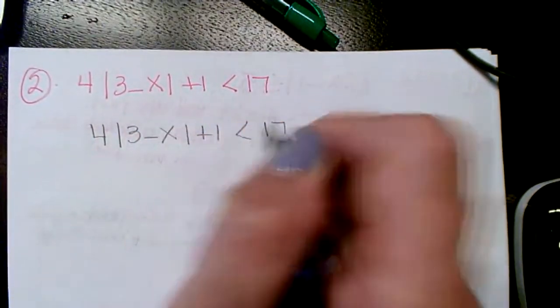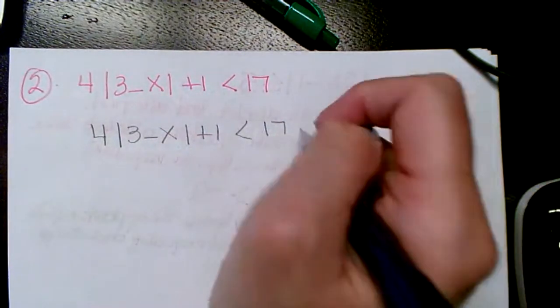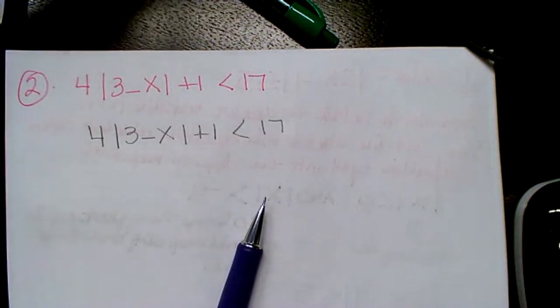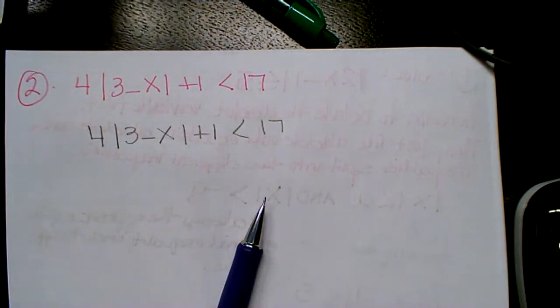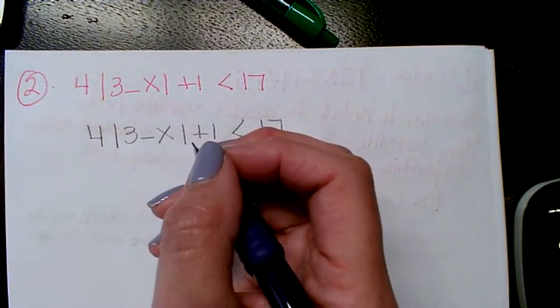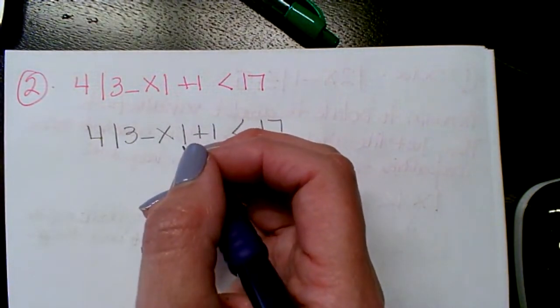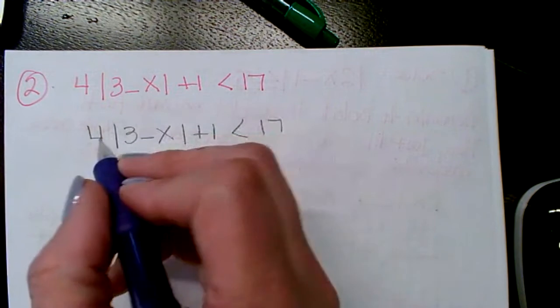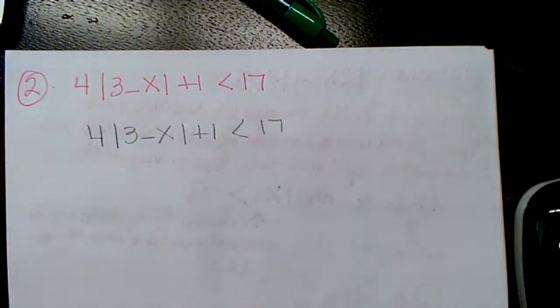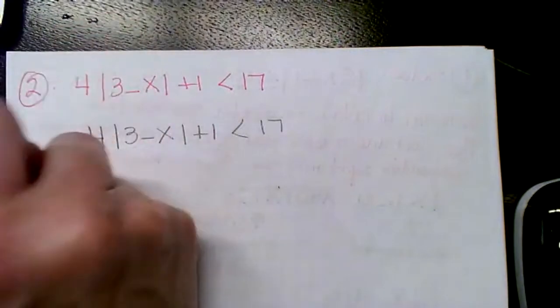First, I need to isolate the absolute value. Okay, so that's the first thing that we need to do. So let's do that. I could either make a 1 or make a 0 first. Doesn't really matter.